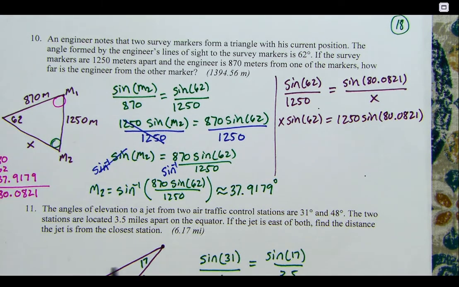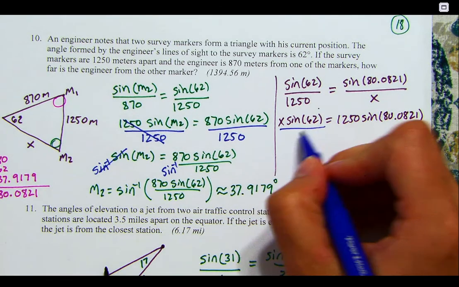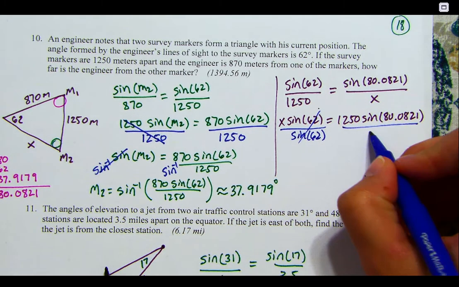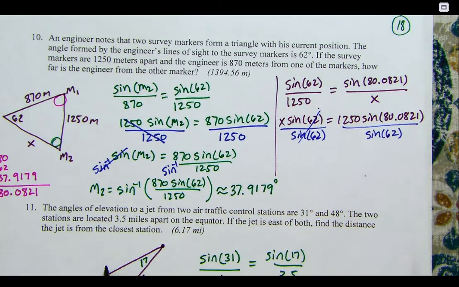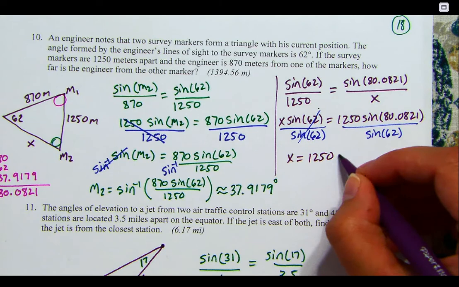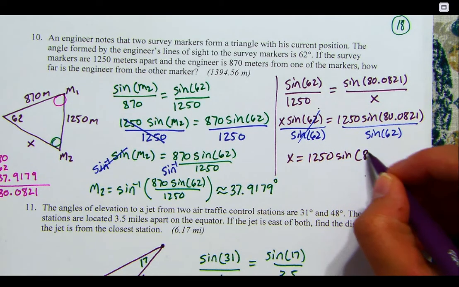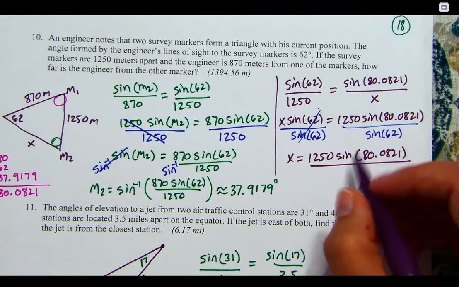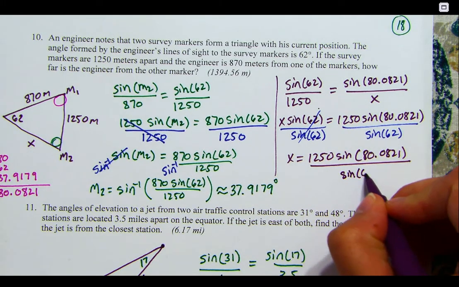And then we would divide both sides by the sine of 62. So x equals 1,250 sine of 80.0821 divided by the sine of 62.